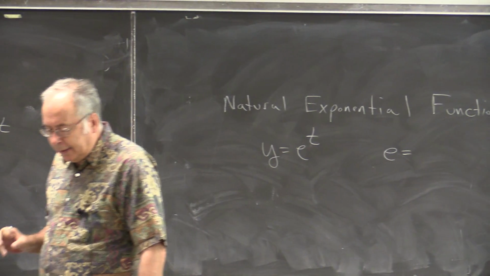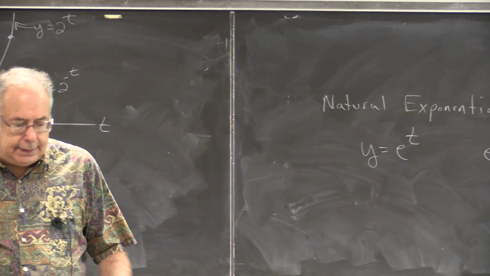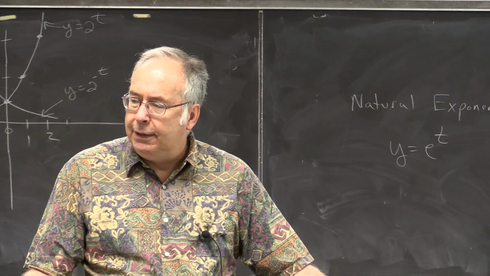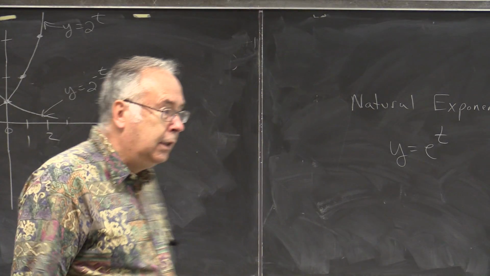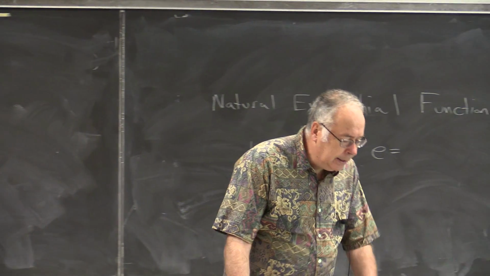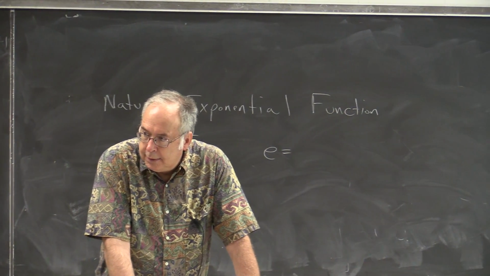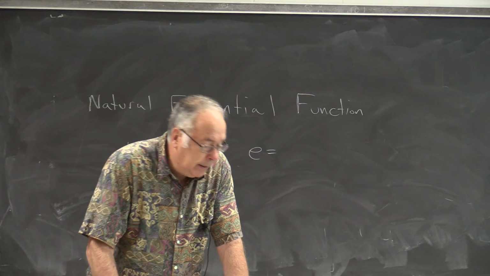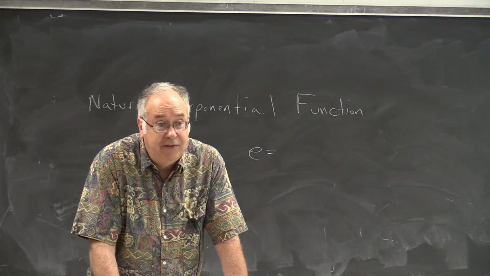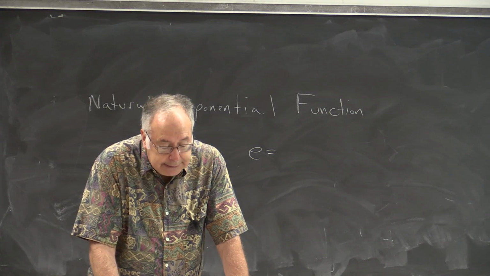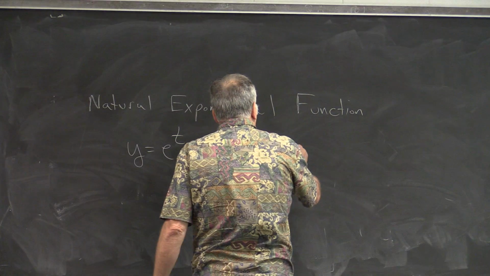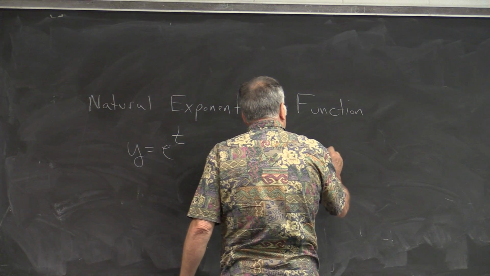That means it's a number that has a non-repeating, non-terminating decimal portion. So do any of you know approximately what e is? Actually, you should all have calculators. Well, actually, I didn't bring mine with me. But to the first 5 digits, what is e? 2.71828.